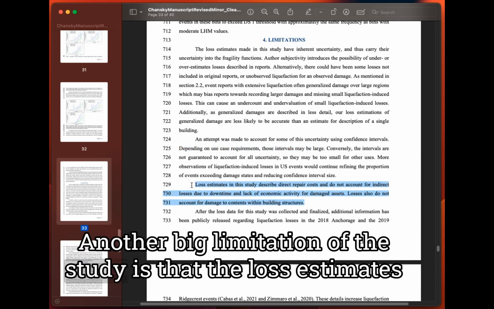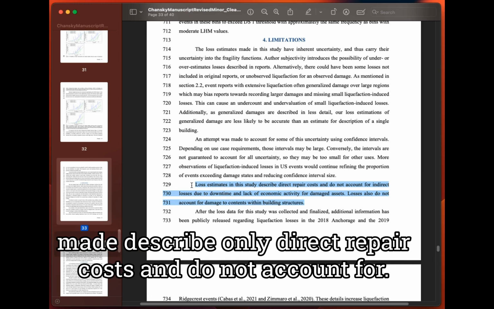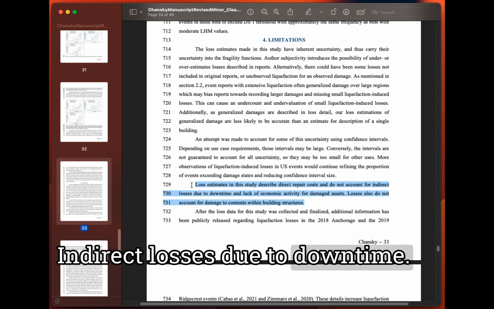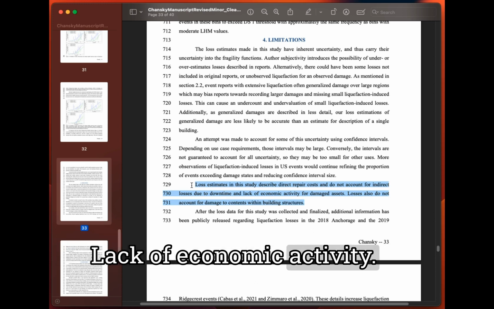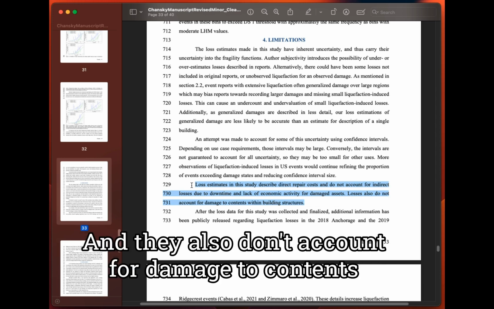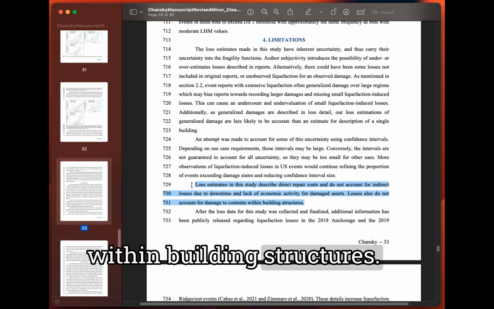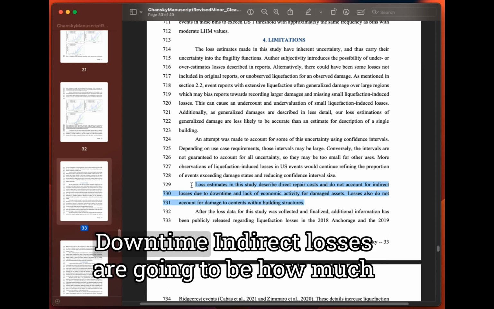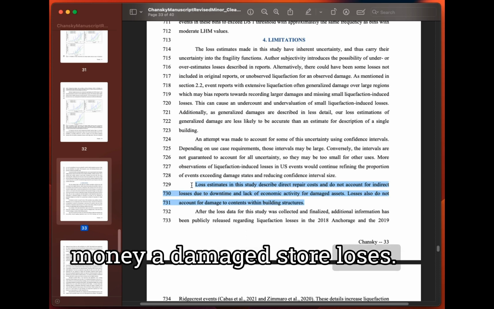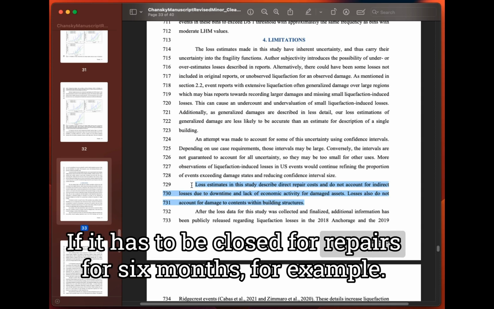Another big limitation of the study is that the loss estimates made describe only direct repair costs and do not account for indirect losses due to downtime, lack of economic activity, and they also don't account for damage to contents within building structures. Downtime, indirect losses are going to be how much money a damaged store loses if it has to be closed for repairs for 6 months, for example.